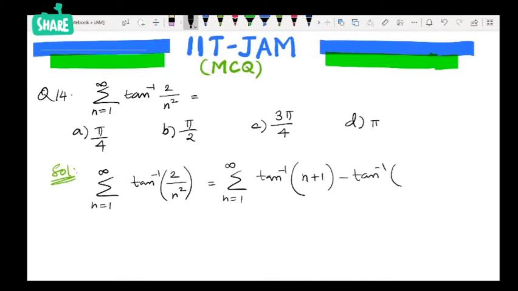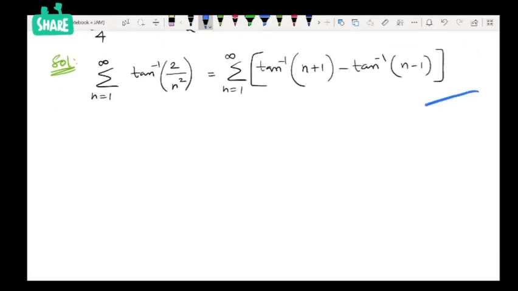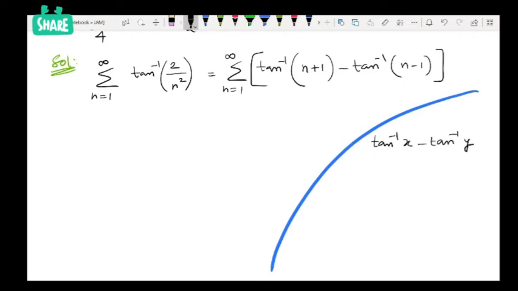So to see how this comes, let's see a formula of tan inverse: tan inverse of x minus tan inverse of y equals tan inverse of (x minus y) divided by (1 plus xy). So instead of x you can put n plus 1, and instead of y you can put n minus 1.